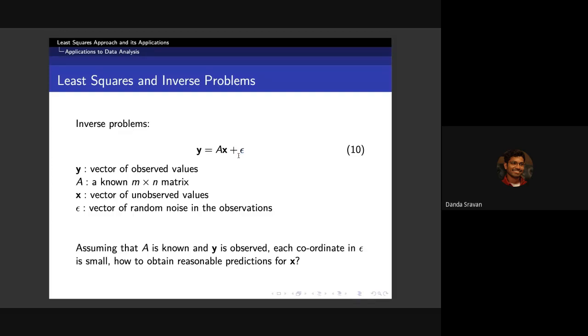Suppose I have equipment to get astronomical images, so these epsilon errors might be some kind of Poisson noise or something of that sort, and this A is caused by the equipment. So I know in principle how exactly I obtain these observed values, and x is the true value that is of interest to us.